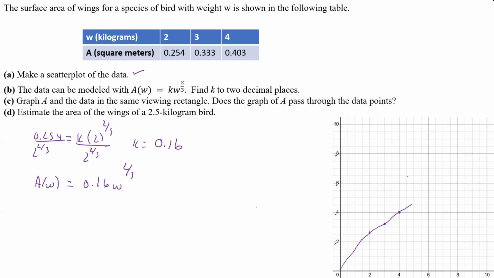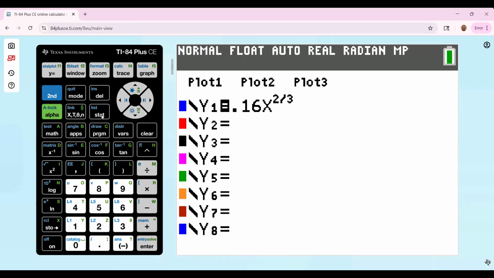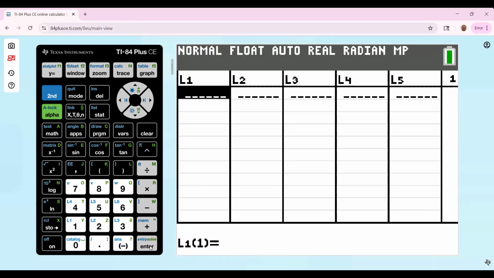All right, so it looks like that's what our graph looks like. But we're going to do it in our calculator. First off, we enter 0.16 times x to the 2/3. We don't need y anymore here. Now let's plug in our data points.